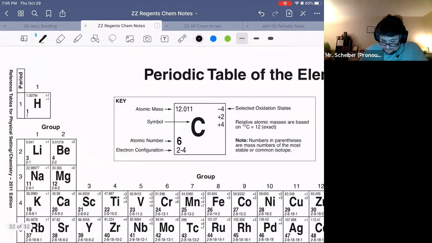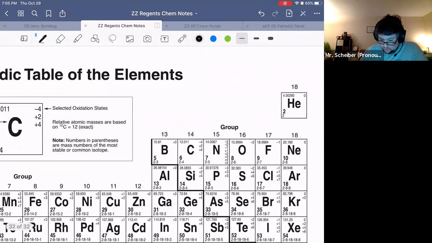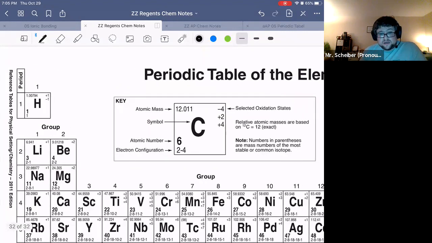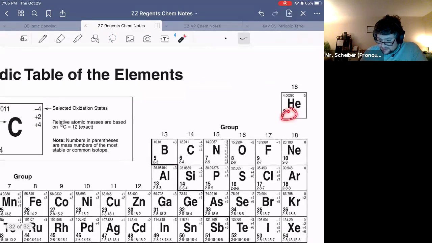So notice lithium and beryllium, and boron, kind of, carbon not so much, but lithium and beryllium definitely. They become ions, and they're only going to have 2. Hydrogen, if it becomes an ion, is going to have 2. Helium has 2.